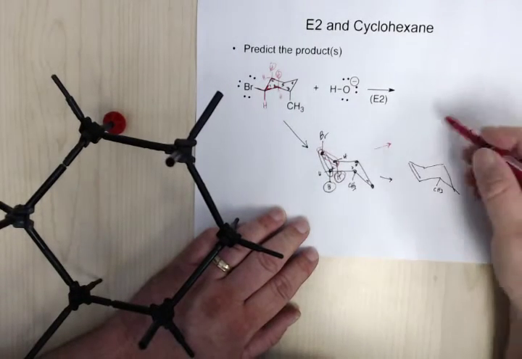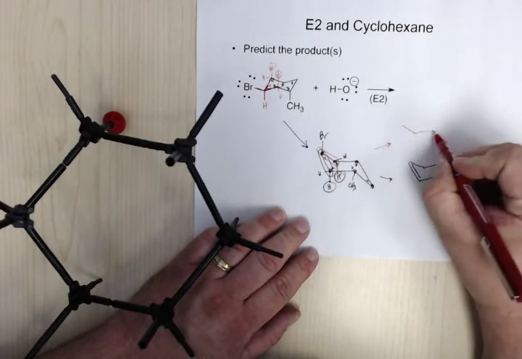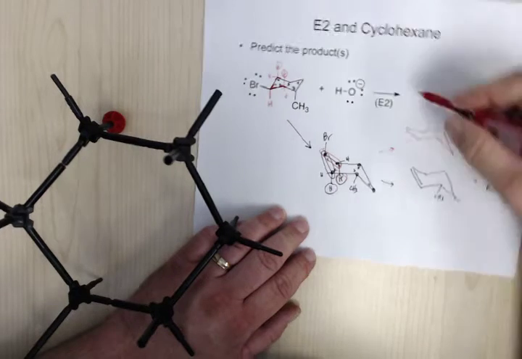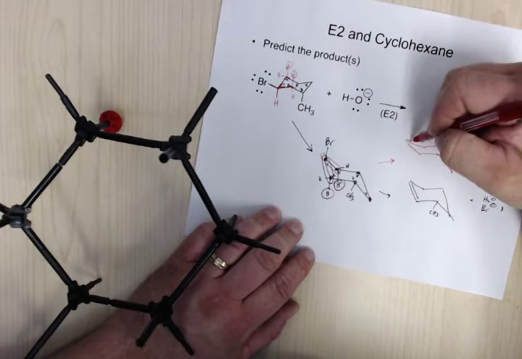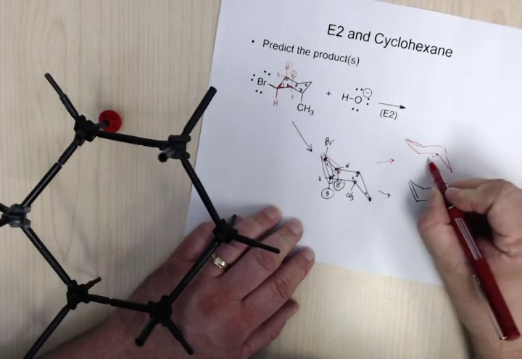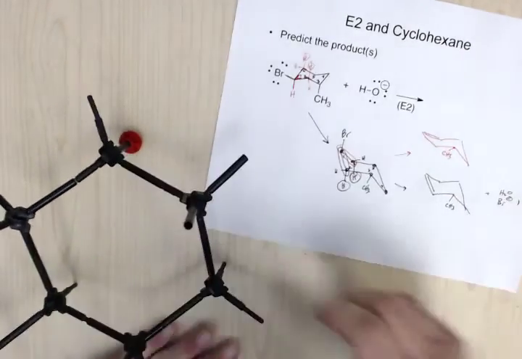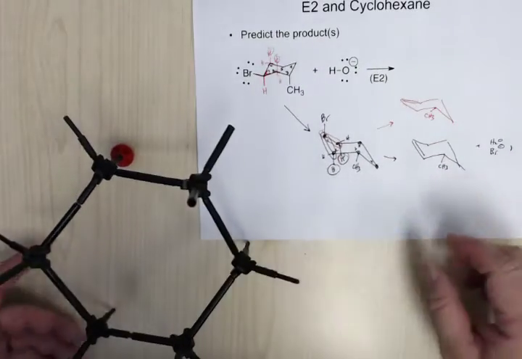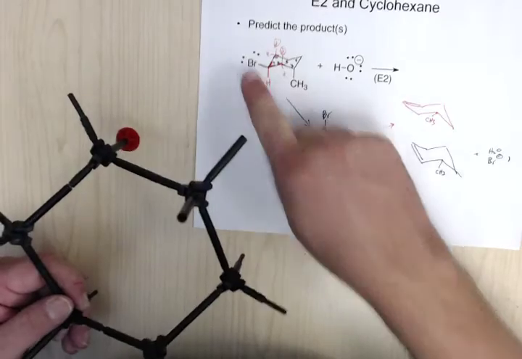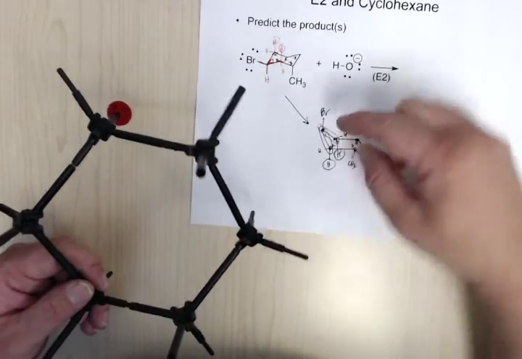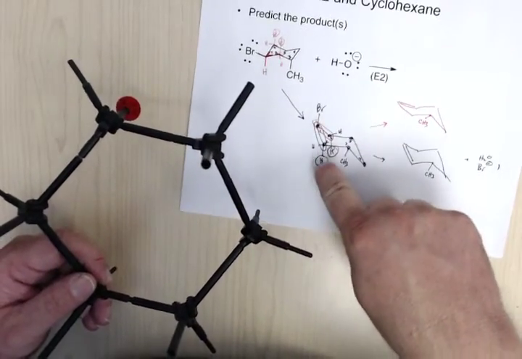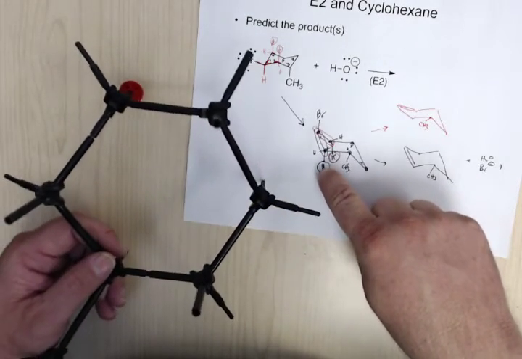So you could make the double bond on this side. You have to get the leaving group axial first, and then you can see, is there an axial hydrogen on this side? Yes, then there's going to be a double bond on that side.